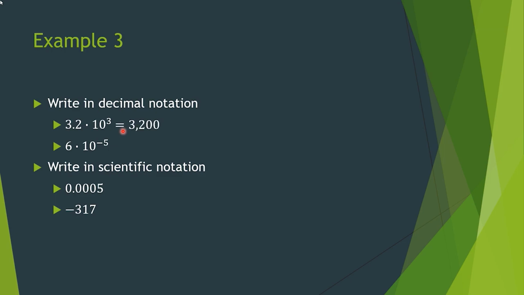So it's 3,200. Next, 10 raised to negative 5. Since that's a negative, it's going to be a smaller number, so I'm going to move it in the opposite direction. And when I say small, I mean it looks small. Both values are equal, so technically they're the same value.